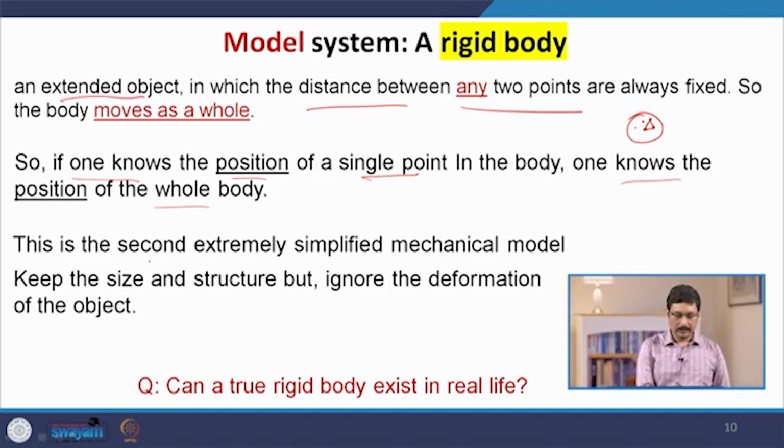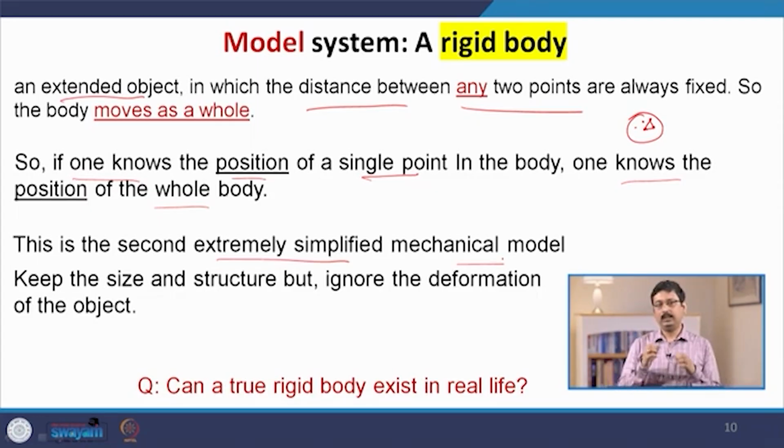So, this is the second extremely simplified mechanical model. Why do I call it an extremely simplified model? Because when we represent, let us say, a solid object, we keep the information about the size and structure, but we are not allowing any deformation of the object.